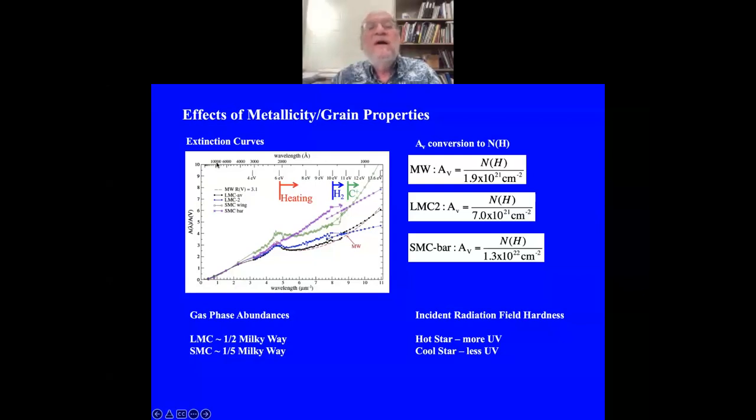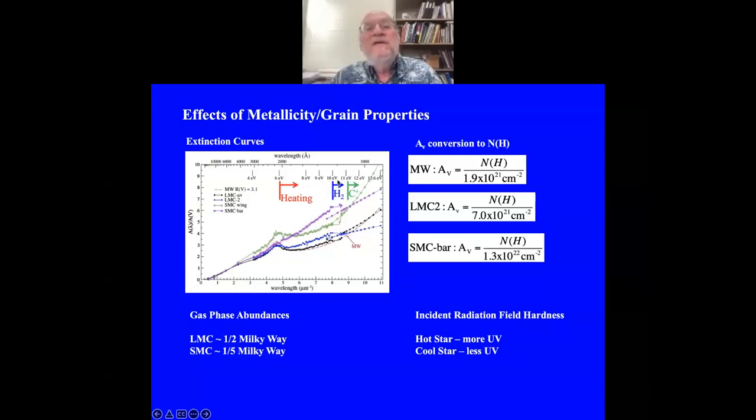This is 1 micron. And these show the extinction curves for the Milky Way here, dashed, and the SMC in purple. So the purple SMC extinction curve is quite high in the UV. Heating occurs at 6 eV and higher.